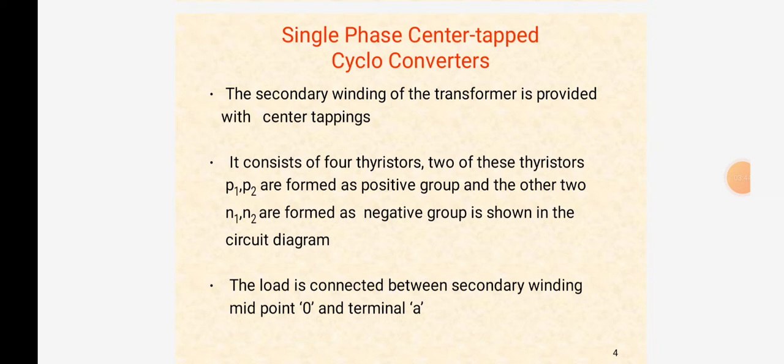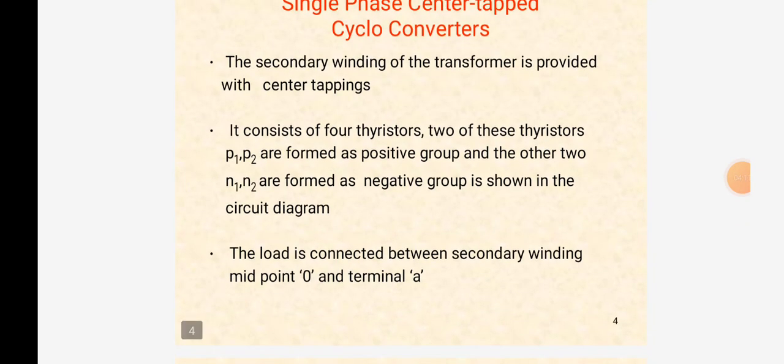Here, the secondary winding of a transformer is provided with center tappings. It consists of four thyristors. Two of these thyristors, P1 and P2, form the positive group, and the other two, N1 and N2, form the negative group, as shown in the circuit diagram.